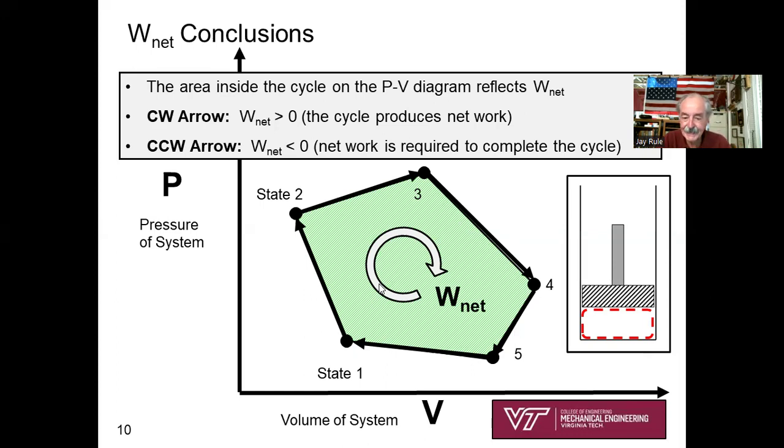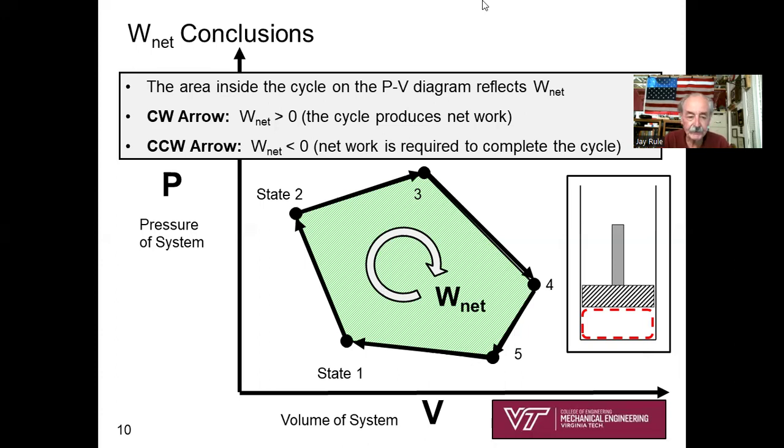So what's inside that cycle would have been red for that example, because you go through that same mental exercise, drawing things red and green, and that would all be red. Then we'd look at the arrows and draw our block arrow in the counterclockwise direction. For that example, that would tell us that our net work is negative. In other words, net work would be required to complete the cycle.